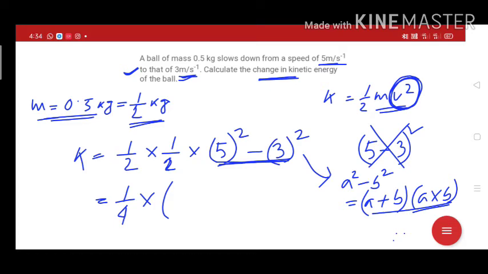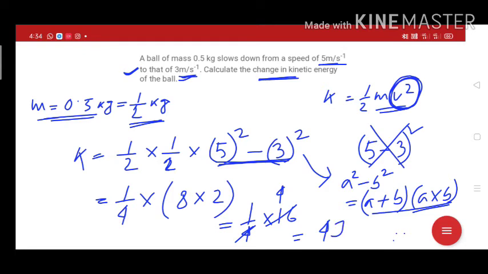So 5 plus 3, that is 8, into 5 minus 3, that is 2. So that is 1 by 4 into 8 into 2, that is 16, so 4 4s are 16, so actually 4 joule. So there will be a change of 4 joule in the kinetic energy.